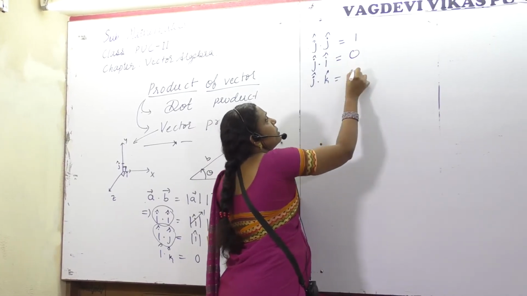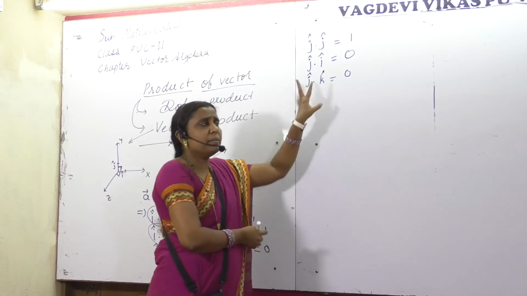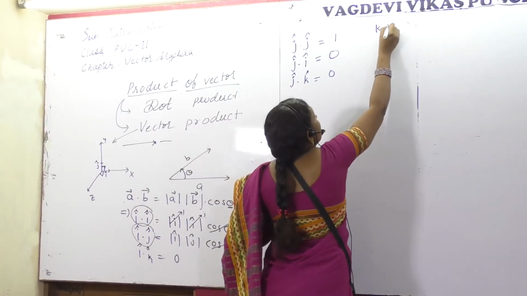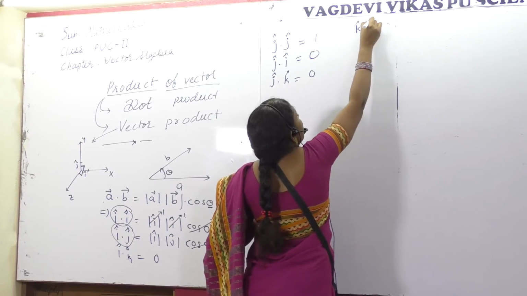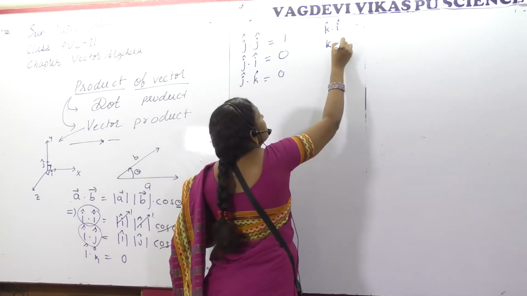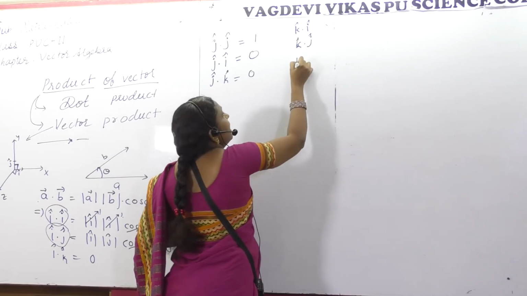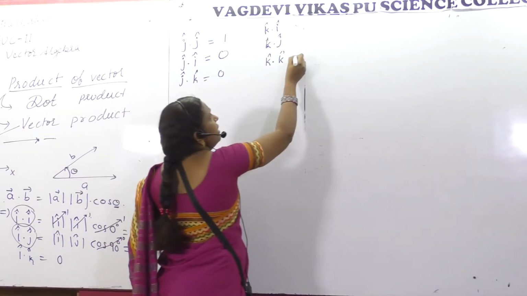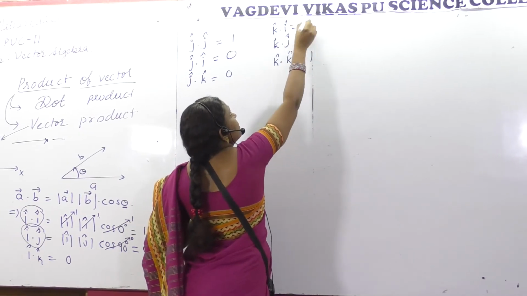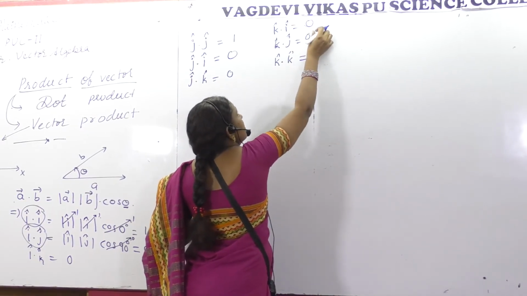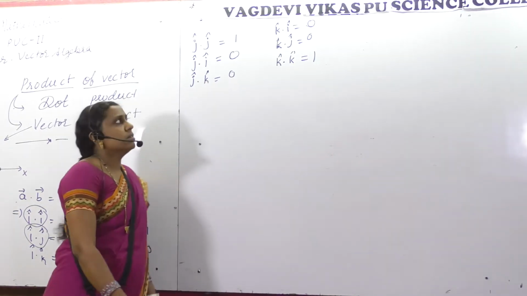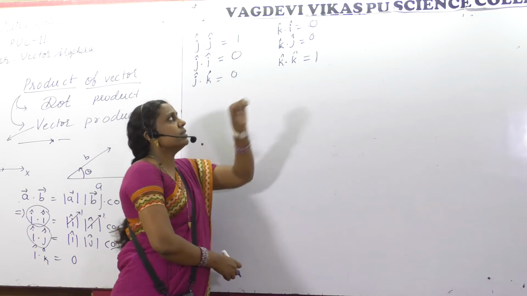This also vanishes because the angle between these two is 90 degrees. So with respect to k, we will check k dot i, k dot j, k dot k. k dot k, as usual, because the angle is 0 degrees, cos 0 turns out to be 1.